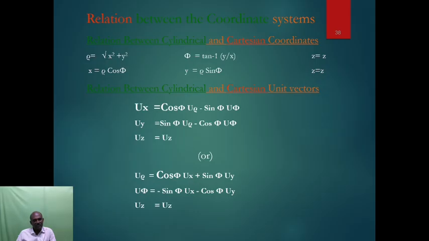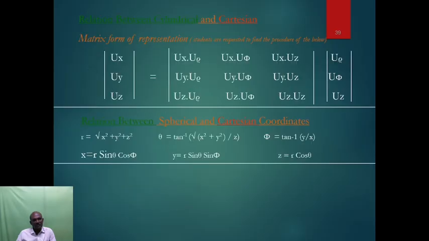That is the relation between the unit vectors of the cylindrical and rectangular coordinate systems. Writing in matrix form, ux, uy, uz, the unit vectors in the rectangular system, are related to u rho, u phi and uz, the unit vectors of cylindrical.